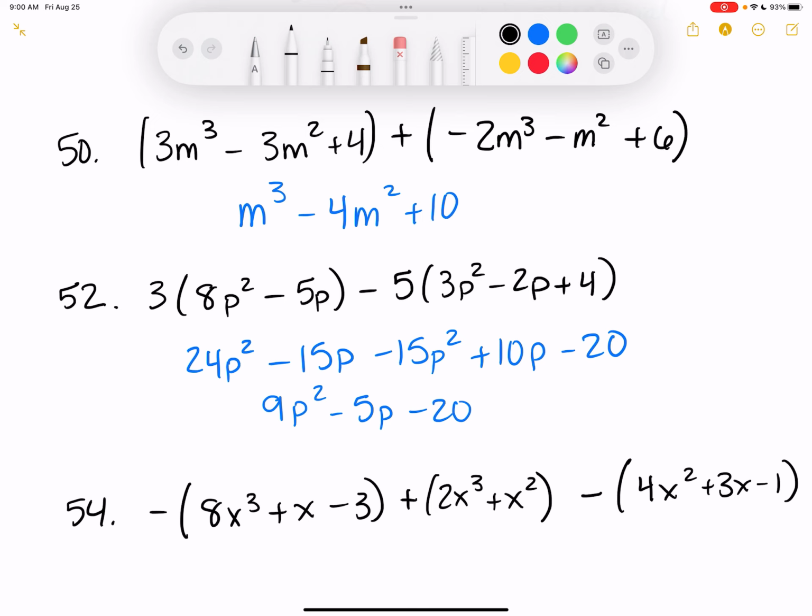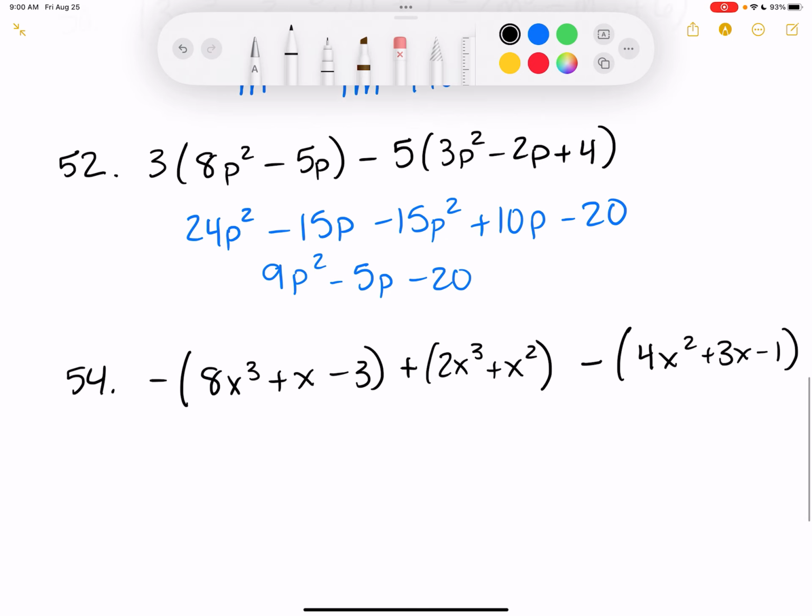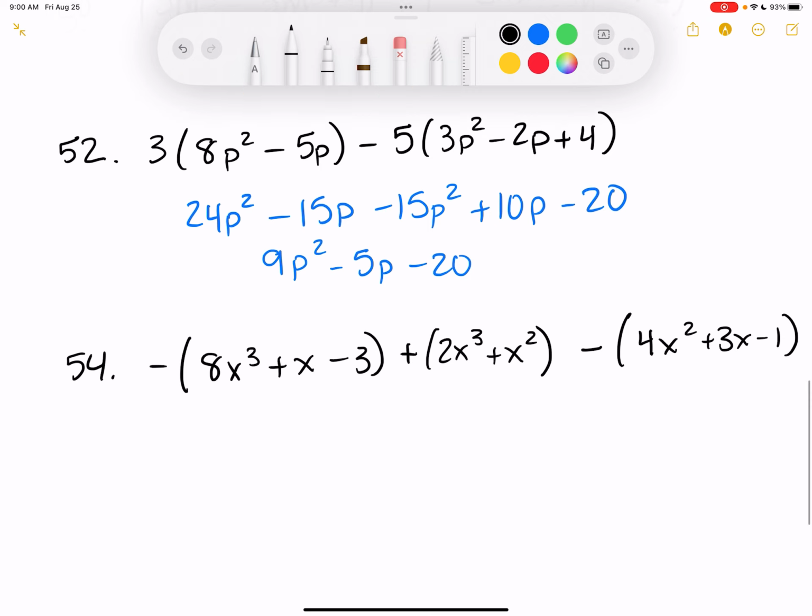I'm going to multiply these negatives that are outside the parentheses through, just to help me not forget about them, because usually with these the only problem for people is the signs. So it's going to become negative 8x cubed minus x plus 3.